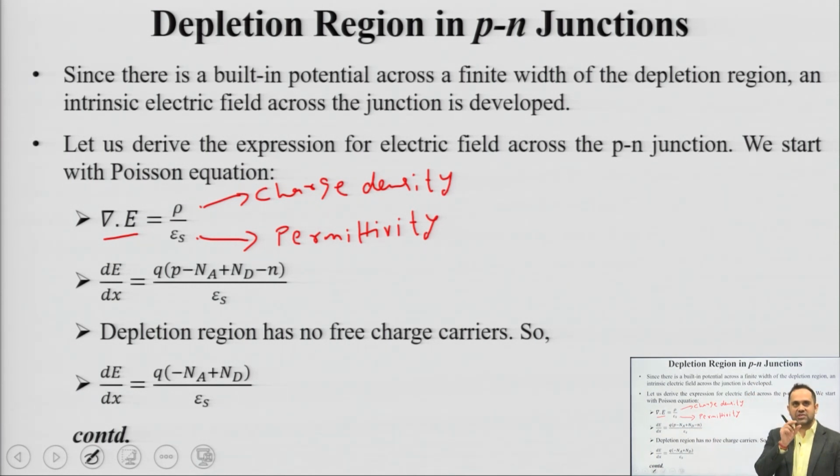So, charge Q times carrier concentration is going to give me charge density. Sources of charge can be hole concentration, electron concentration, positive donor ions, negative acceptor ions. So, positive charge minus negative charge is my total concentration multiplied by Q gives me total charge density. So, P minus Na plus Nd minus N.